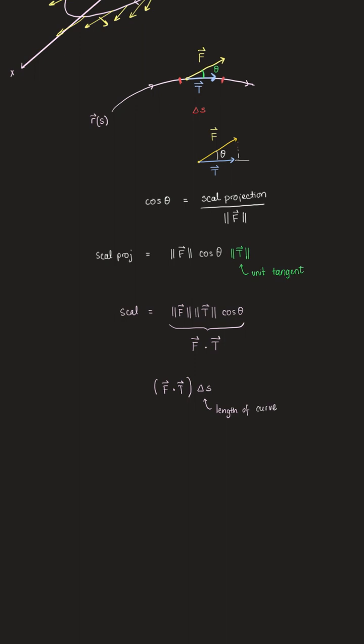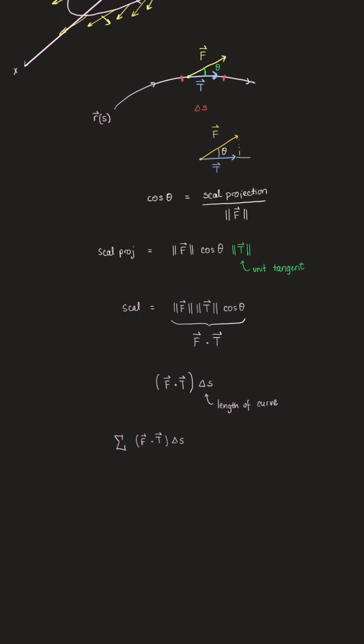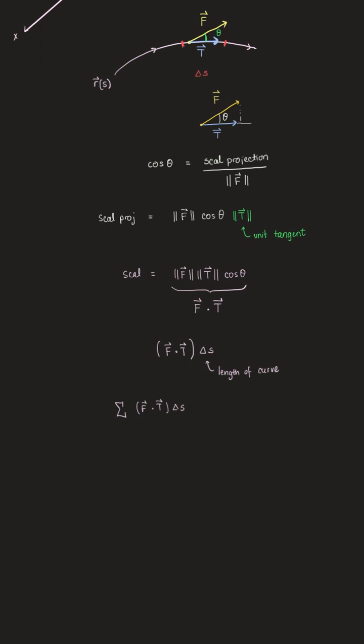We are going to then add up all of these components of our vector field onto our unit tangent vectors times a little change in our arc length of the curve. Add up, let's say, from k equals 1 to n, if I've split up my curve into n little pieces, and then we're going to take the limit as this delta s goes to 0.